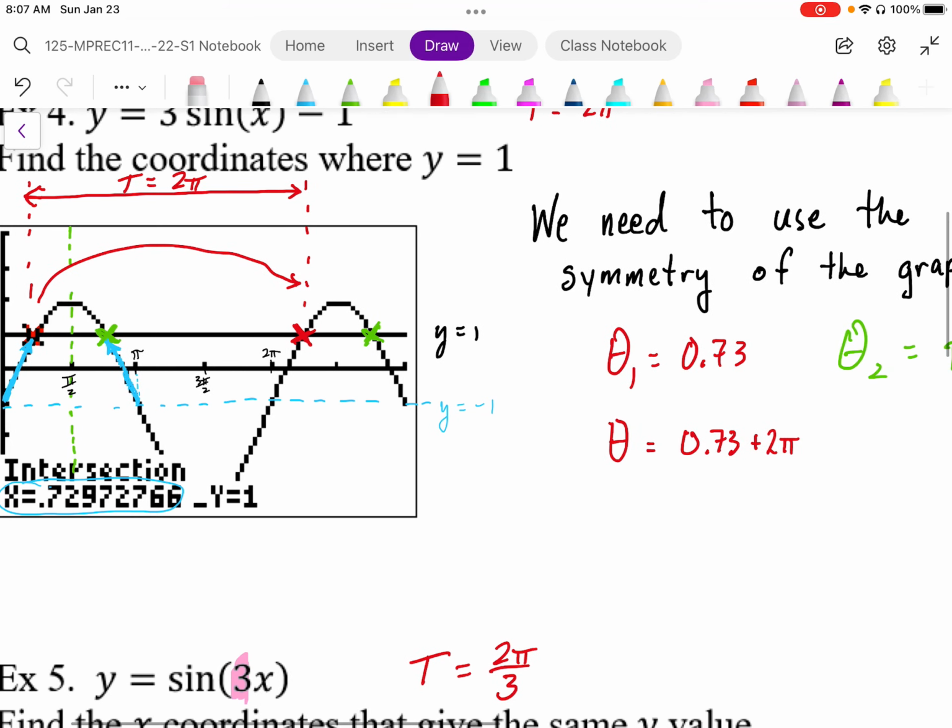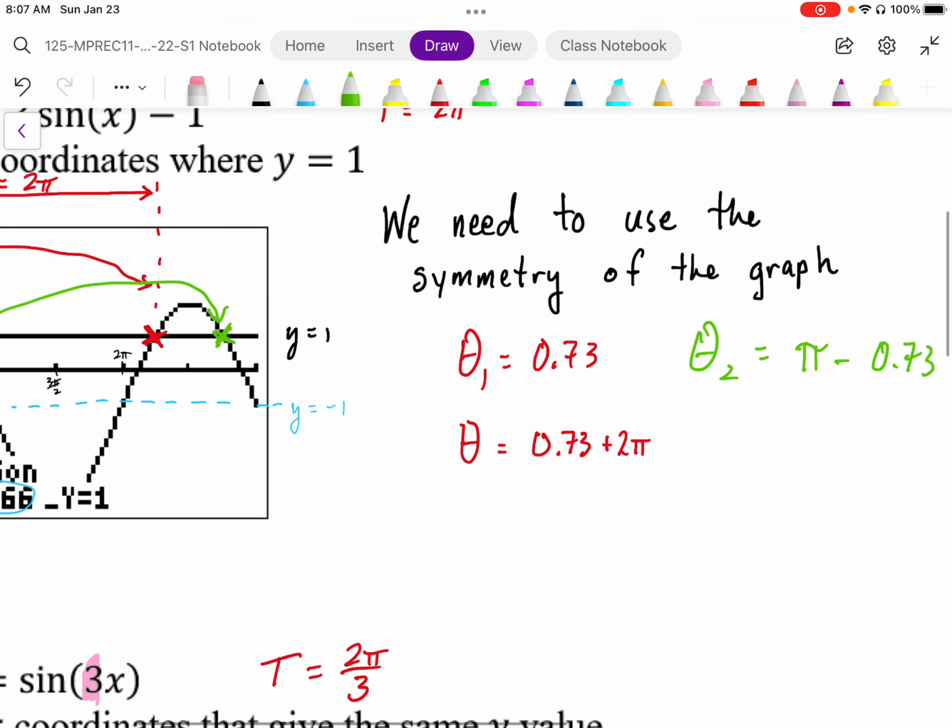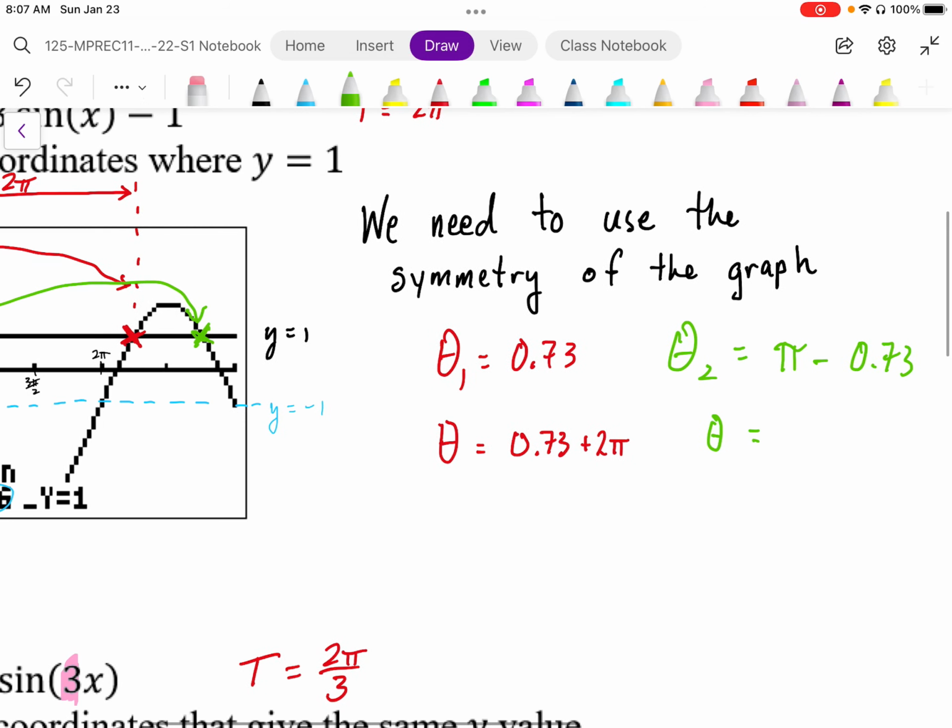And the same can be done with theta 2, or the green position. We know that's going to move 1 full period. So if we start at the position pi minus 0.73, we add 2 pi, we're going to end up at 3 pi minus 0.73.